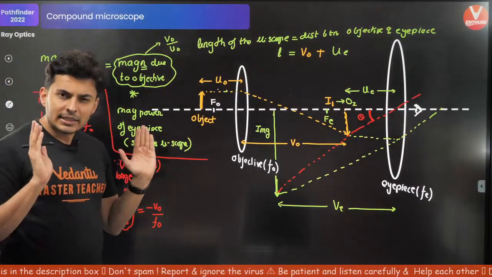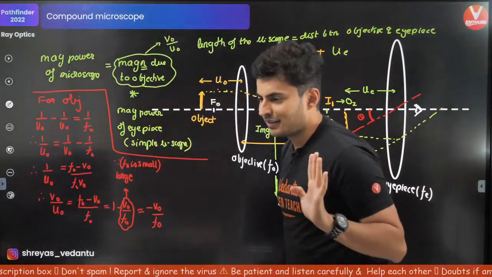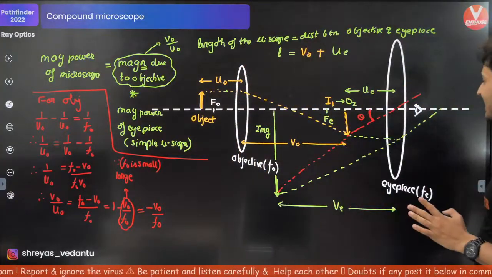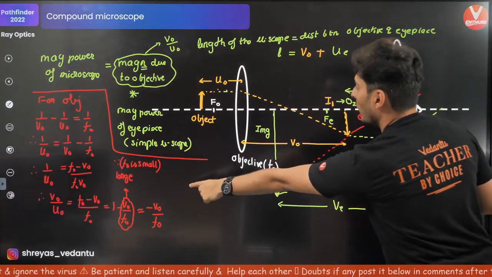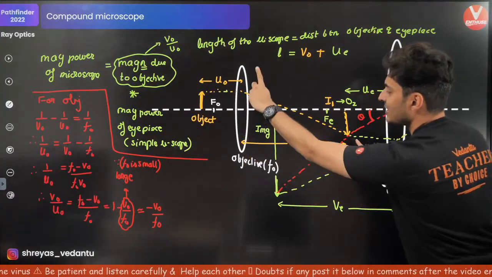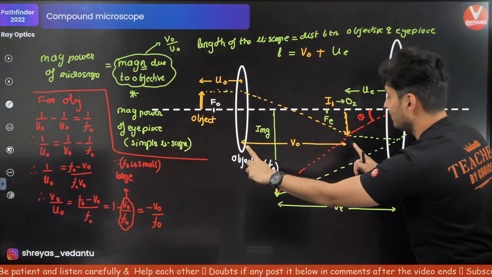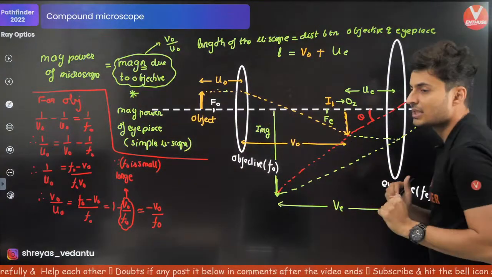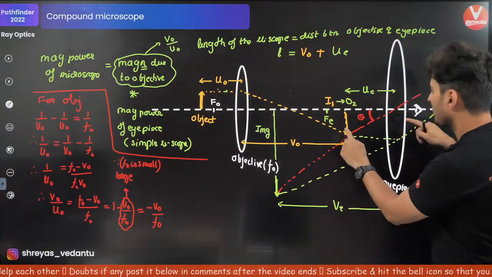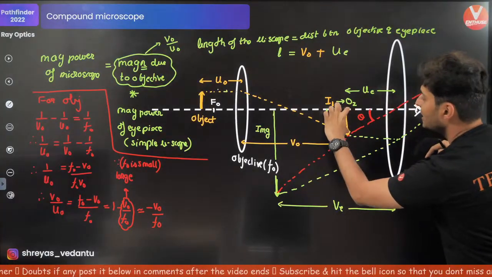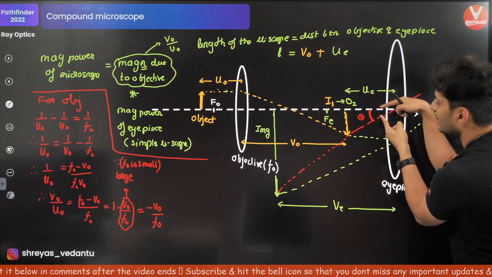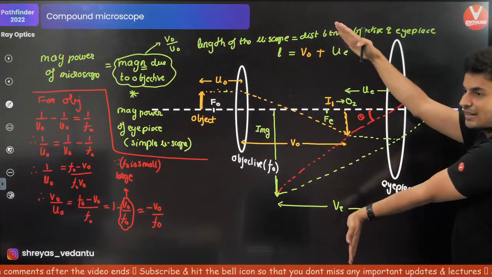Very good. Now the last approximation over here. This VO, the image distance for this objective, is roughly the length of the tube, usually, because this intermediate image is generally formed very close to the eyepiece so that the image gets magnified.